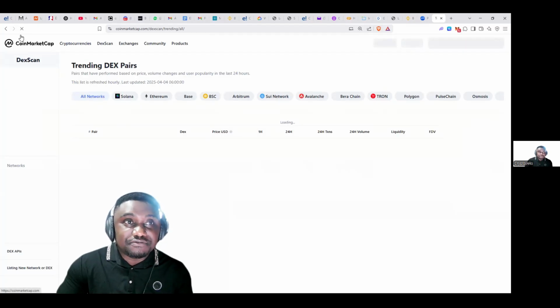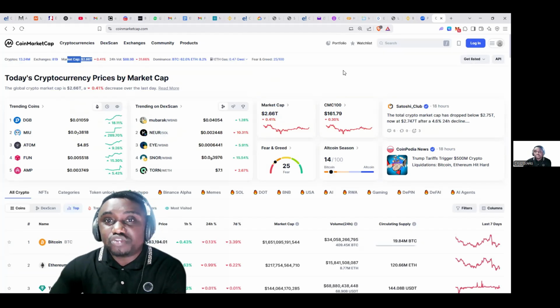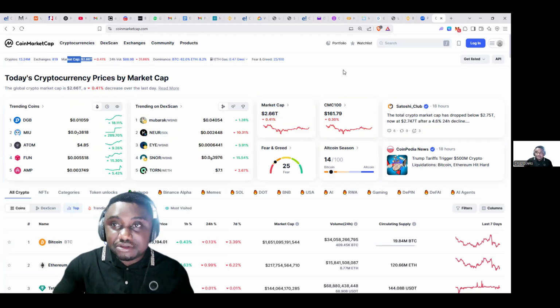So many other features is what you're going to find here on CoinMarketCap. But today, we want to also use it to carry out basic crypto analysis, right?